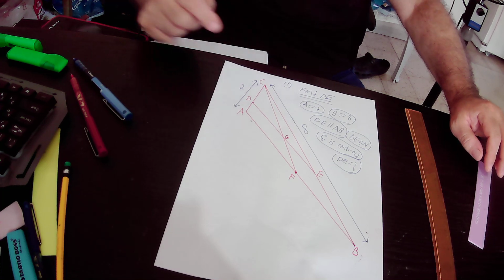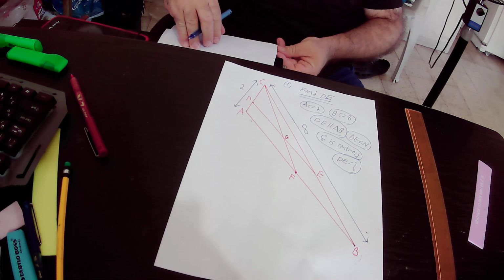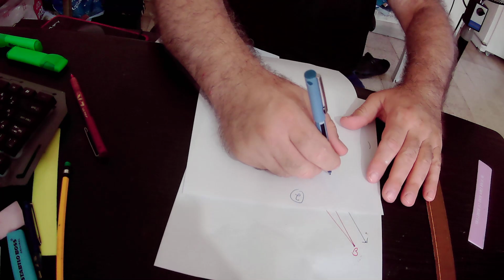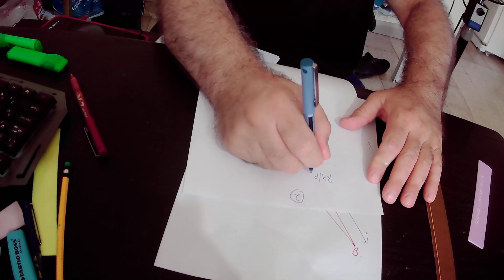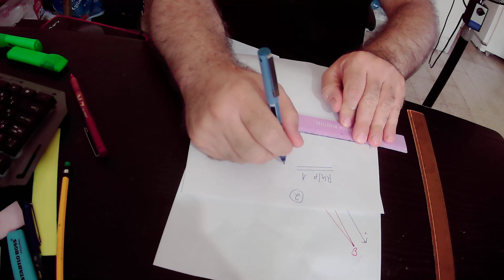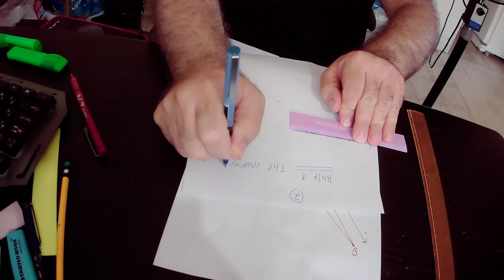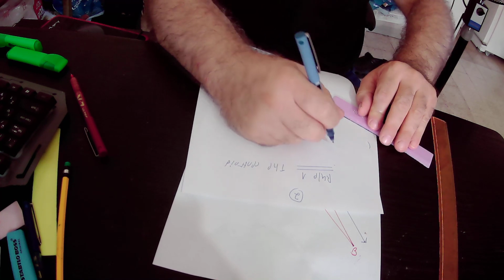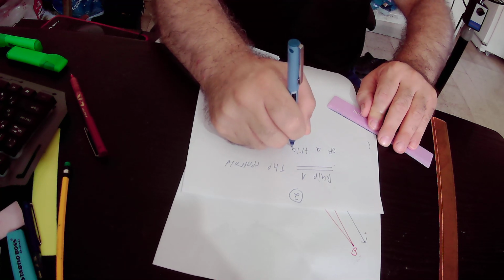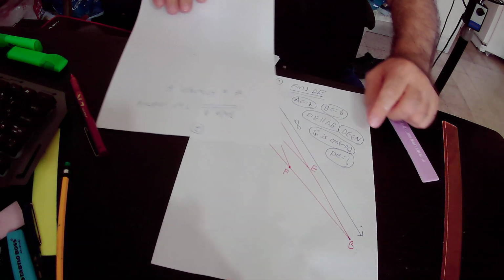So, first of all, we have a rule. I will call it rule number 1. Rule number 1 states that the centroid of a triangle, G is the centroid of this triangle.